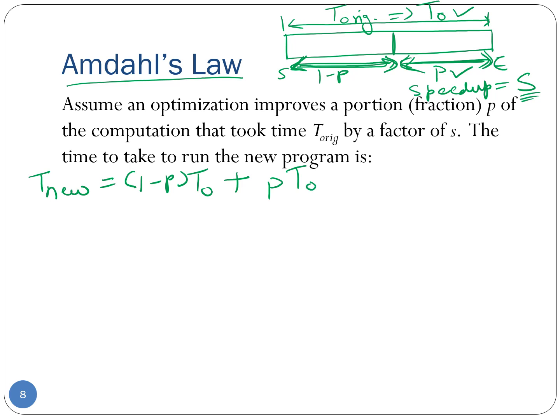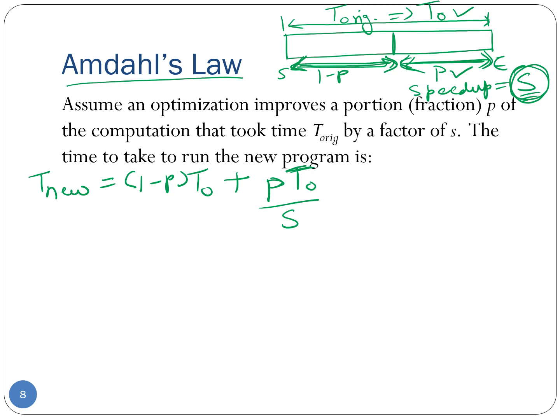However, in the new system we have boosted the performance of this portion p, and it is now executing s times faster. So what that means is this portion p of the program will now take time p times TO divided by s. So this is our new execution time for the program.